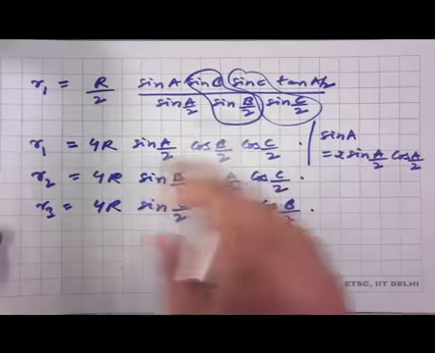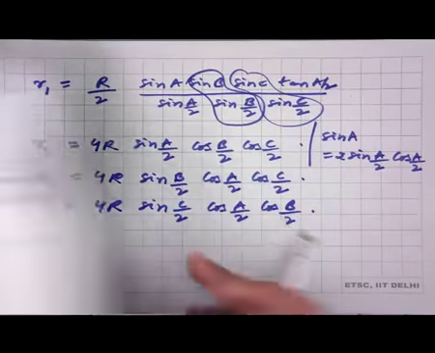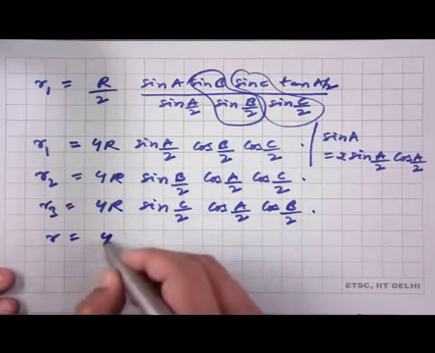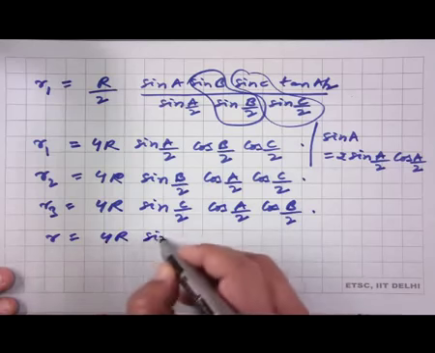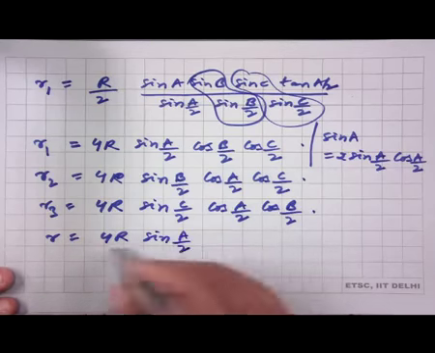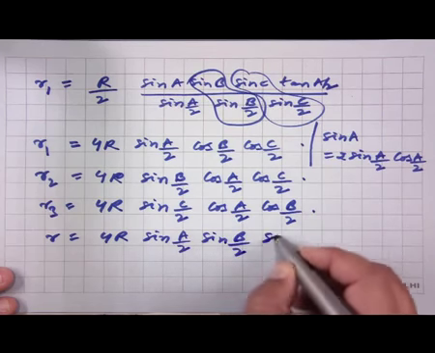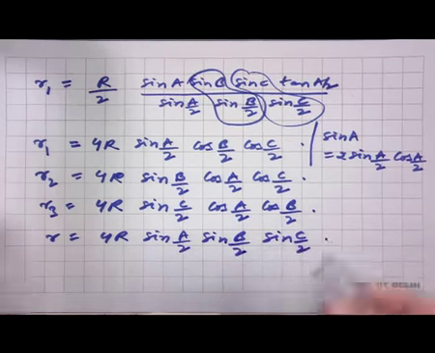So, let us now use these expressions on the left hand side, and of course, we also have R equal to 4R into sin A by 2 into sin B by 2 into sin C by 2.